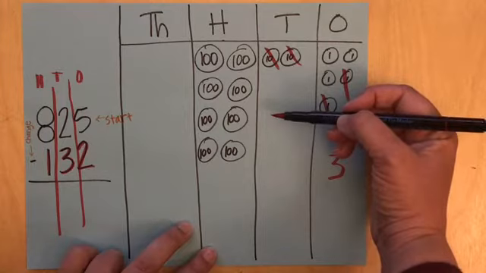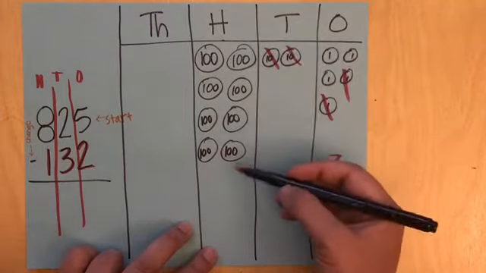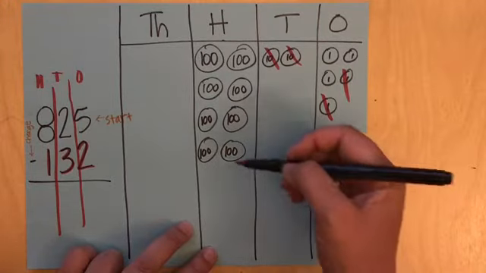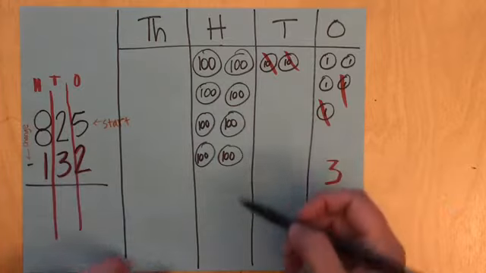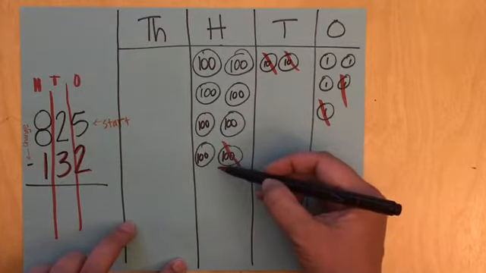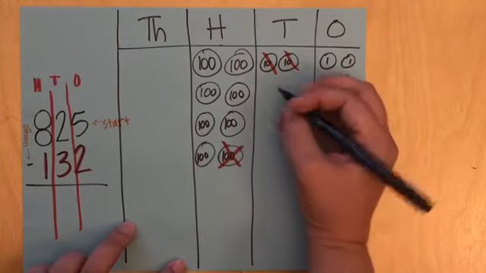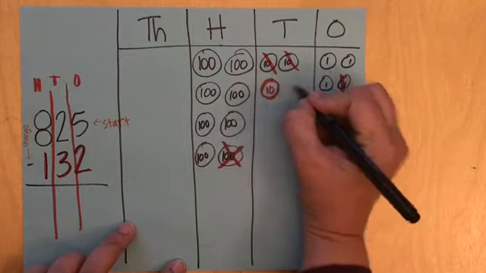Oh, we don't have 3 tens. What are we going to do? So this is when we go next door and we unbundle one of our hundreds. Unbundle means that we're decomposing, or breaking apart, our hundreds into tens. So we're going to take one of our hundreds and destroy it, and then we're going to put our 10 tens here, unbundled.